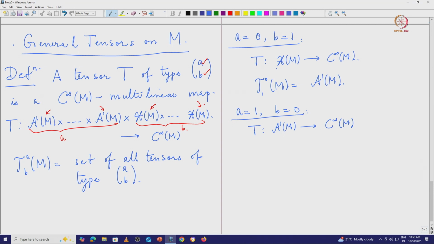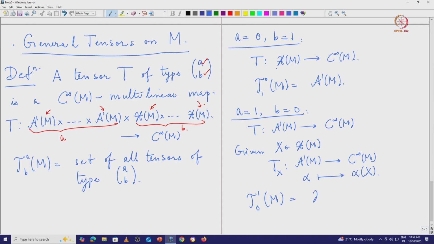Given a vector field X, you define a map Tx where alpha, a one form, goes to alpha of X. So the space of tensors of type (1, 0) is basically the same as the space of vector fields. So these tensors actually generalize both vector fields and one forms.